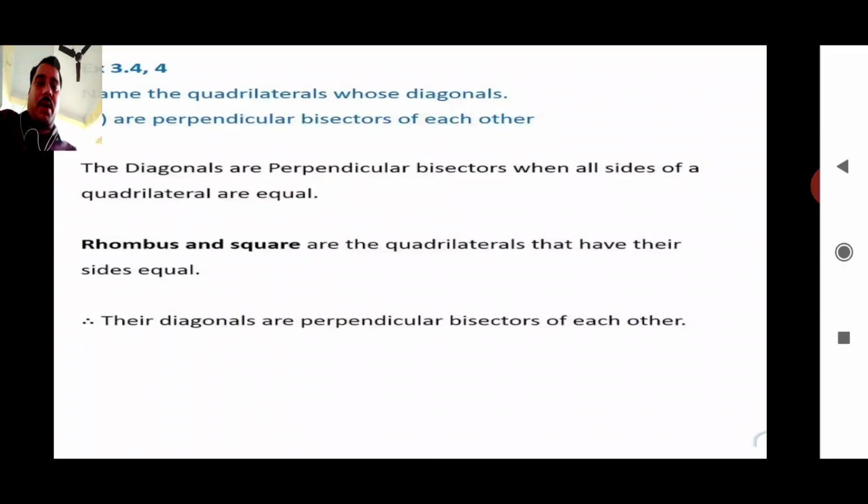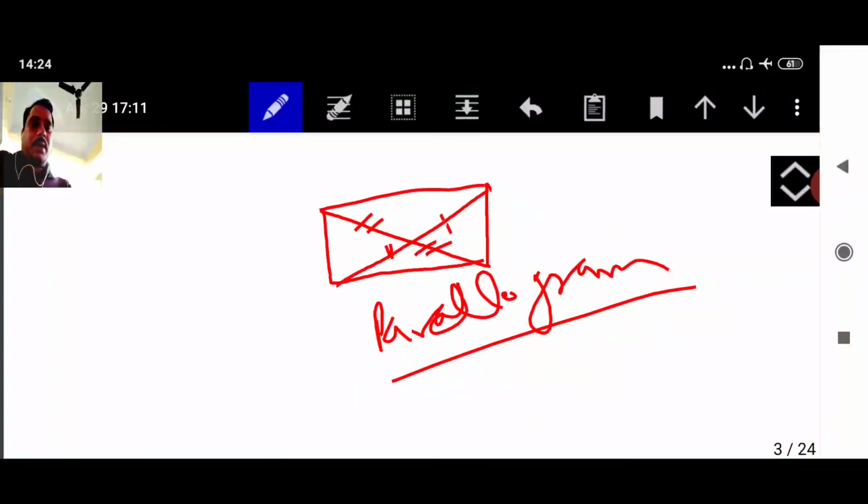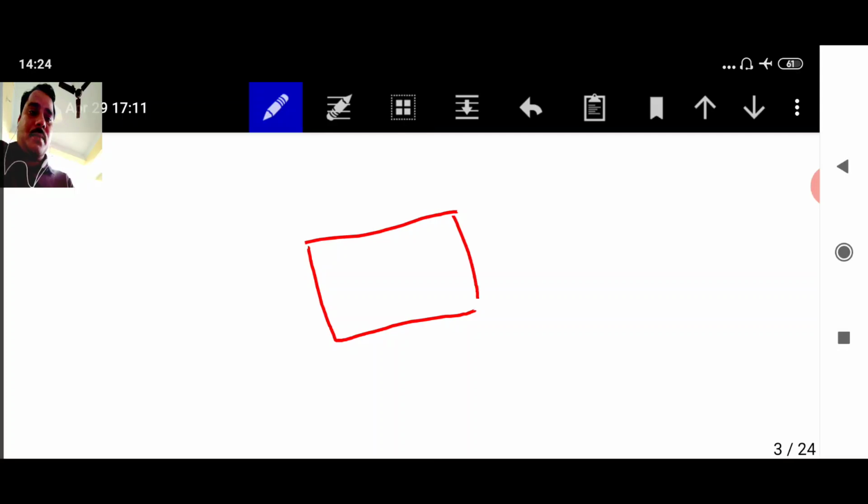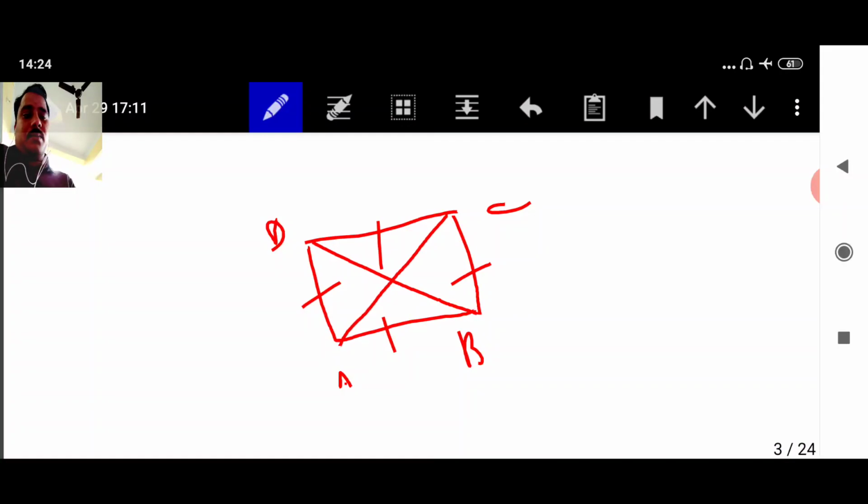If anyone asks you, if in a quadrilateral ABCD all sides are equal, what about the diagonals of it?